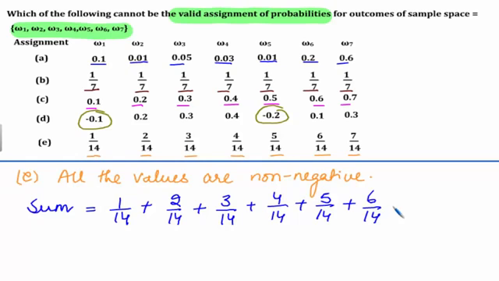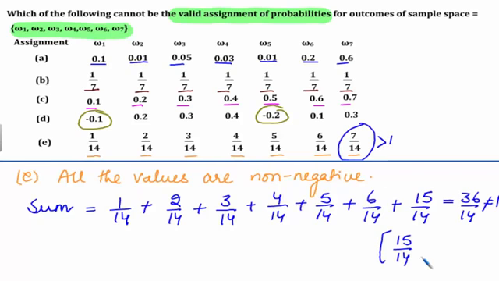So here we have last value as 15 upon 14, and this is equal to 36 upon 14, which is not equal to 1. Also, since 15 upon 14, which is the value assigned to omega 7, is itself greater than 1, therefore the given assignment of probabilities is not valid.